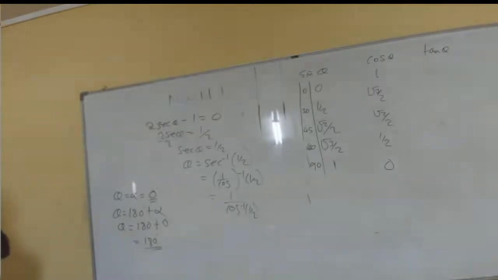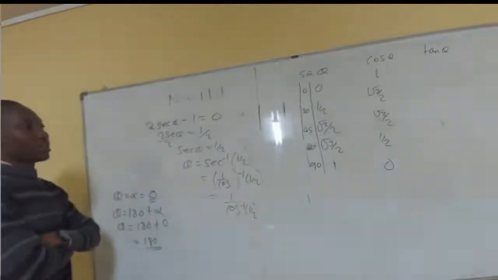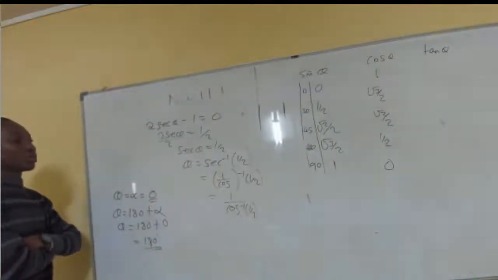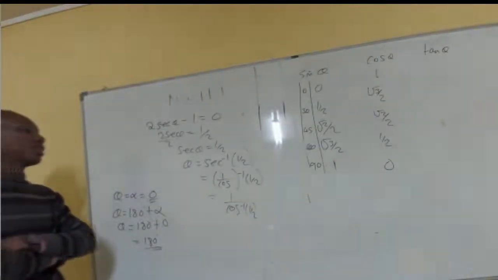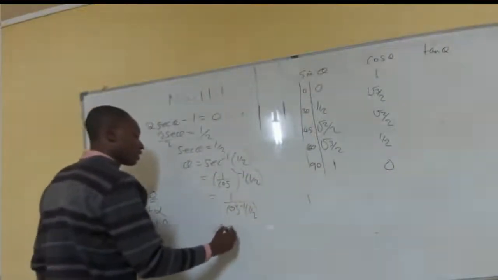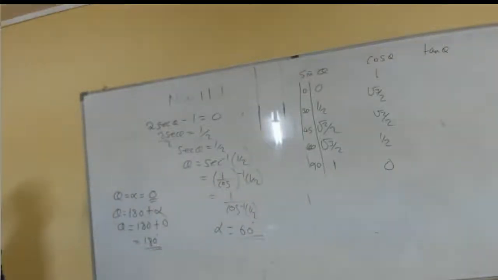In which quadrant is cos positive? Because wherever cos is positive, that's where sec is also positive. So now, we know that alpha is 60 degrees.